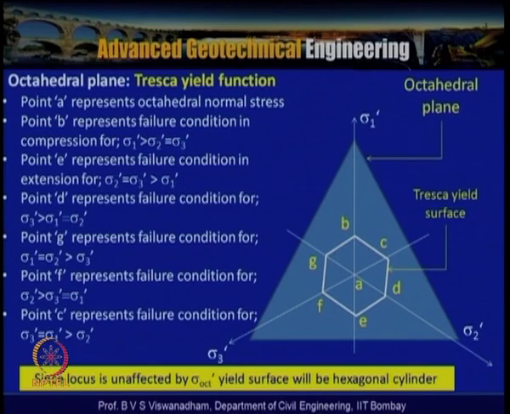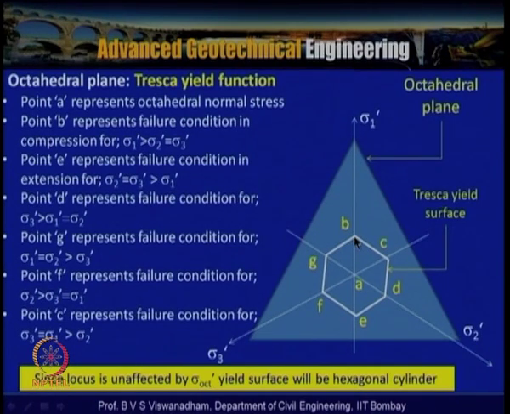B represents the failure condition in compression, where sigma 1, the axial stress, is greater than sigma 2, and sigma 2 equals sigma 3.